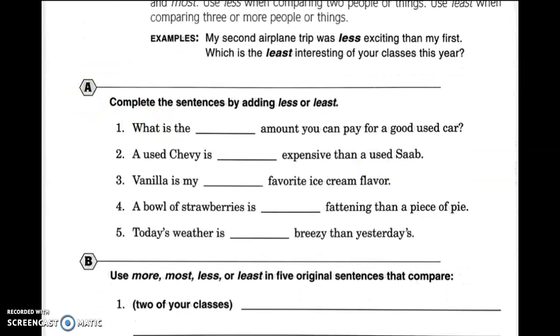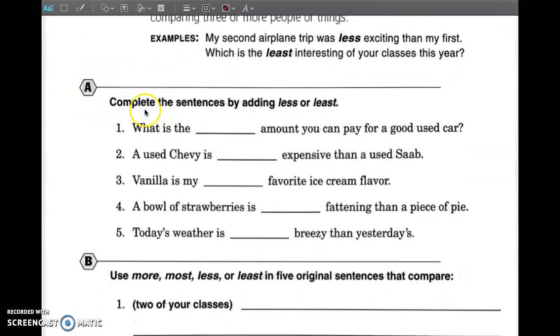In part A, it tells us to complete the sentences by adding less or least. So in numbers 1 through 5, we need to read the sentences, decide the number of things that are being compared, and then determine if it's less or least that we should use.